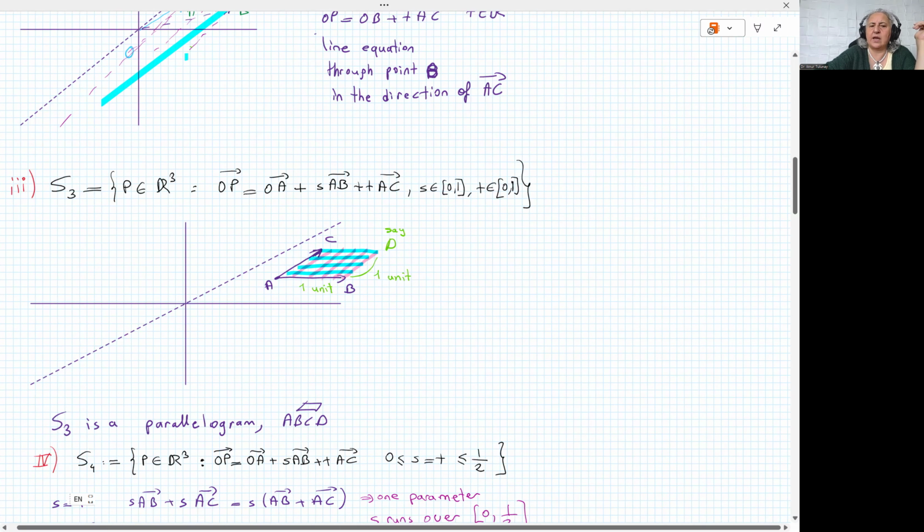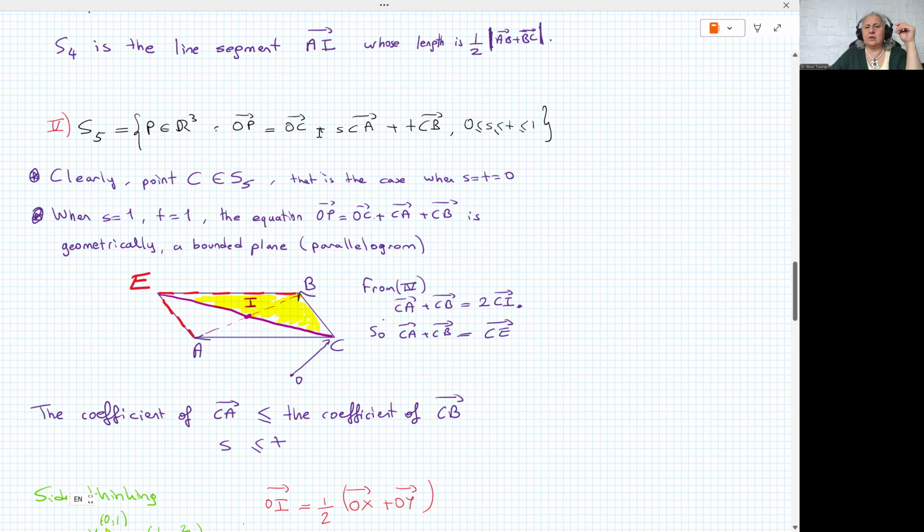We can use this fact here. And then we have a restriction S is smaller than T. Now, it means we need to have halfway through, we need to have the triangle inside of this parallelogram, which will give us this set. So this is the understanding after given this point. Now we need to dig in more because we need to understand what it means that this coefficient is smaller than this coefficient. Okay.